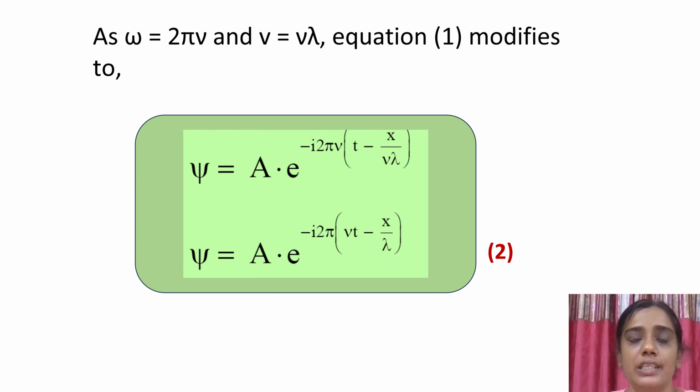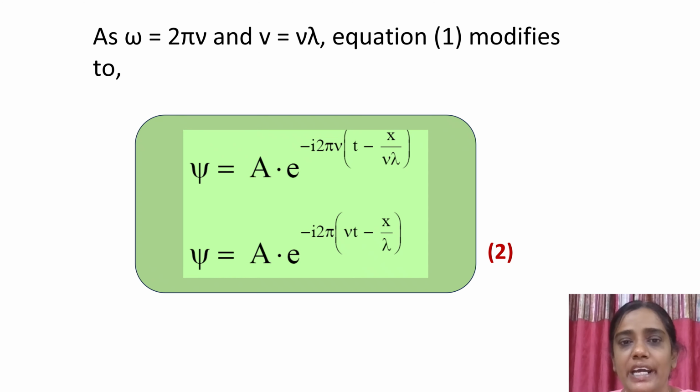As we have already seen, omega is nothing but 2 pi nu and v is nu lambda. The above wave equation is modified as psi is equal to a e power minus i 2 pi nu. Where omega was there, we are substituting 2 pi nu, and within the bracket we have t minus x by nu lambda, where v was there, we are just substituting nu lambda.